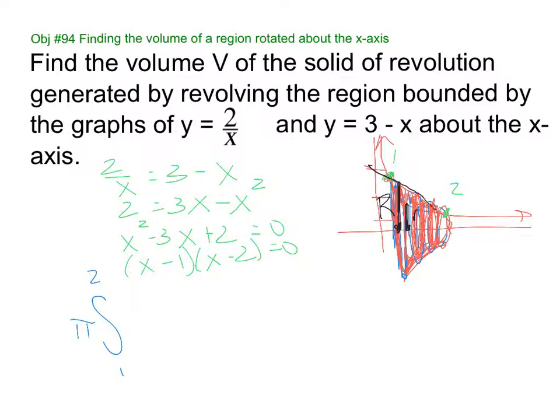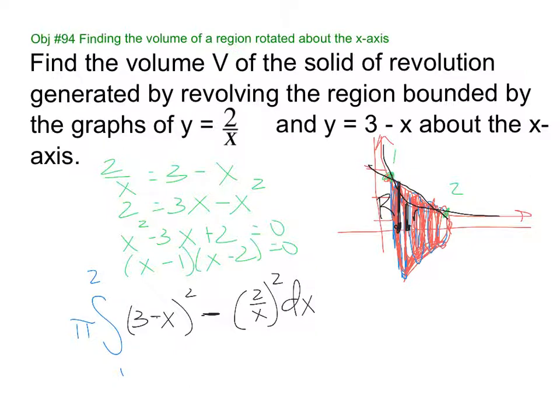That's the line, 3 minus x. So big R is 3 minus x, squared, minus little r. Little r is the curve. And again, I'm sorry, there's a better picture of this. So minus little r, 2 over x, squared, dx. So that is what we are integrating.